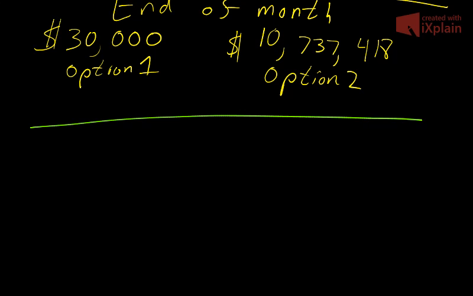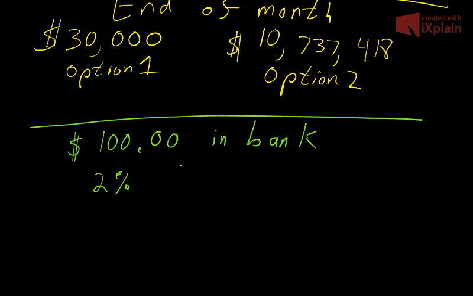Let's say that I have $100 in the bank, and I have a really great savings account that pays me 2% back every year. So I get 2% interest every year. That's 2% growth, which means it should be going up by 2%.